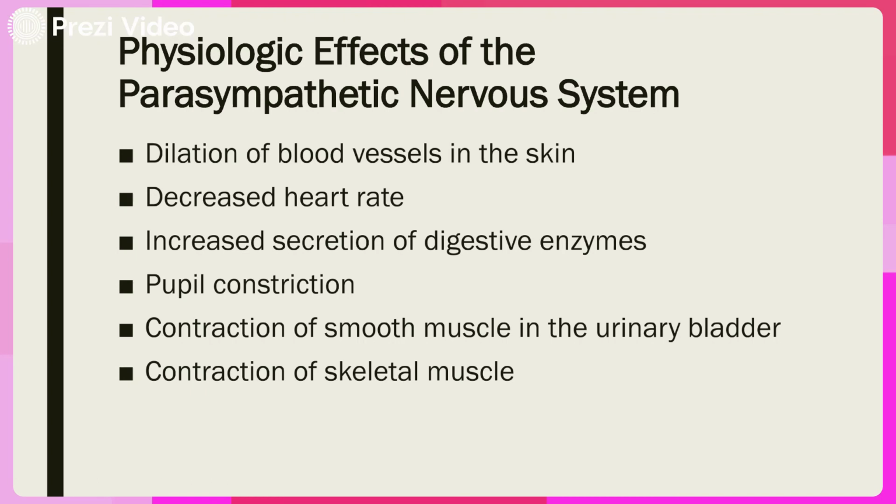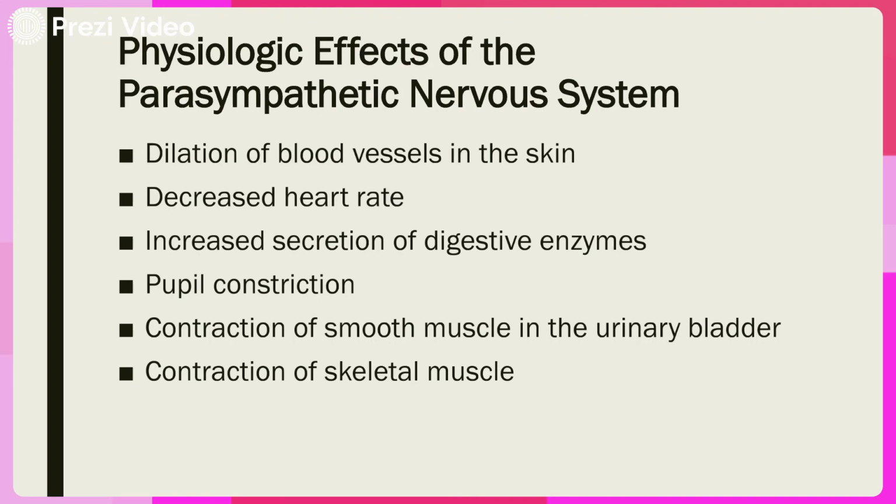Again, if you have what we call an anticholinergic, right? Because we're saying that if we activate them, meaning if we create a cholinergic effect, this is what you will see. If you have an anticholinergic, an inhibitor, or an antagonist, you will see the opposite of here. So instead of seeing the dilation of your blood vessels in the skin, now you'll see a constriction.